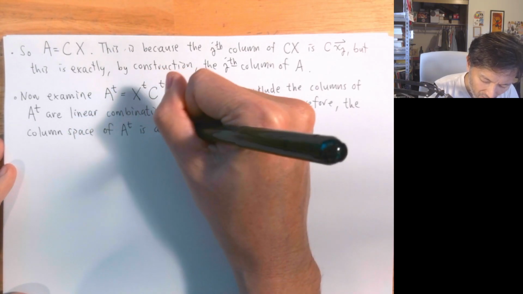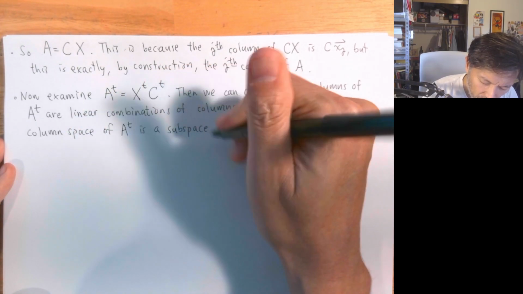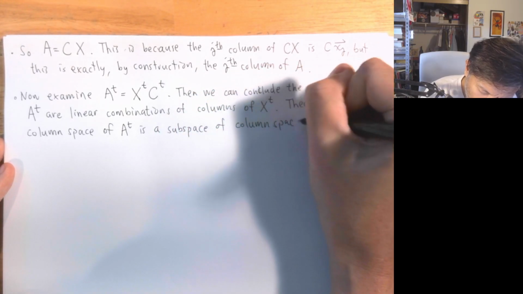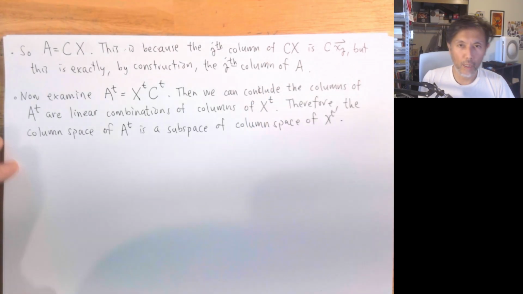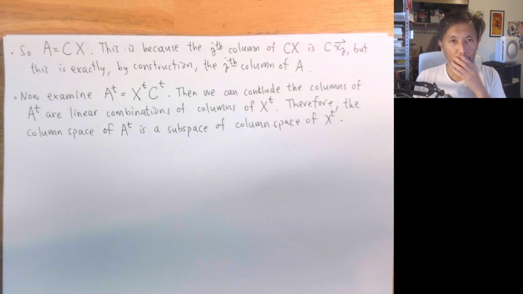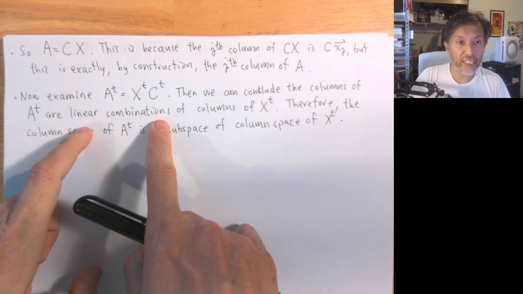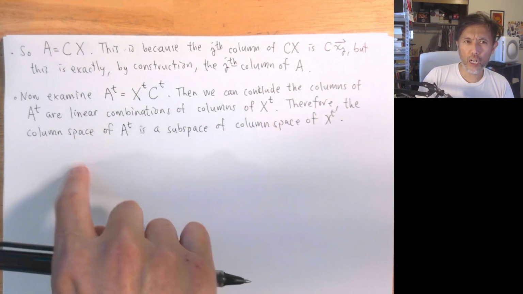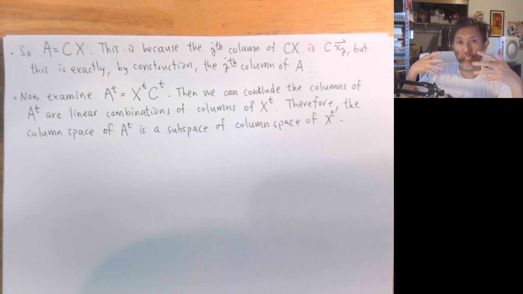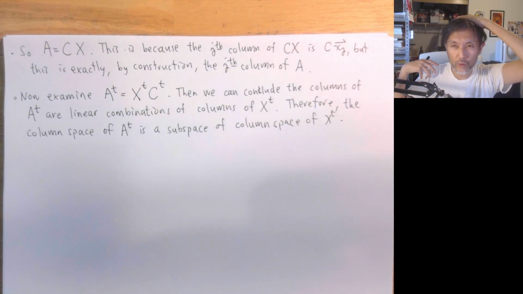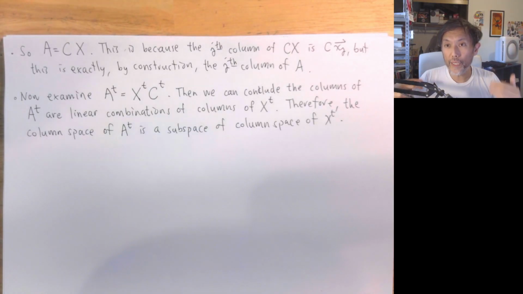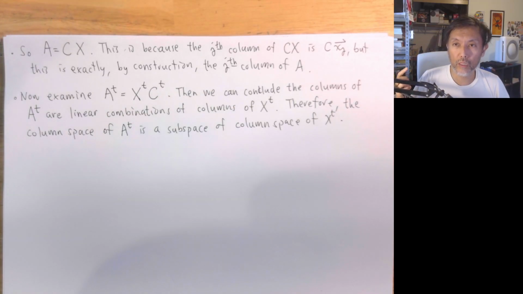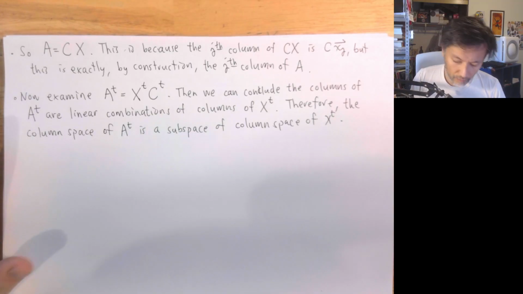It is a subspace of the column space of X transpose, because every column of A transpose is already itself a linear combination of columns of X transpose. So the column space of A transpose sort of sits inside, naturally, the column space of X transpose. But what is the dimension of the column space of X transpose? I don't know exactly, okay?